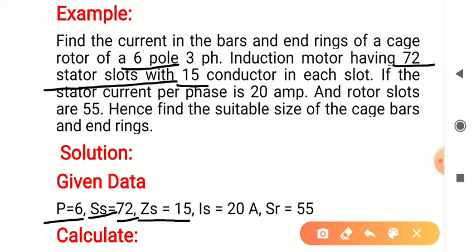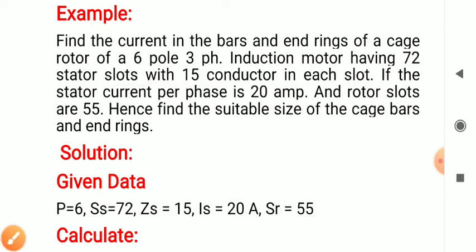The stator current is also given, that is IS, the stator current per phase. Along with that, the rotor slots are also given, SR is equal to 55. Now let me solve this example.